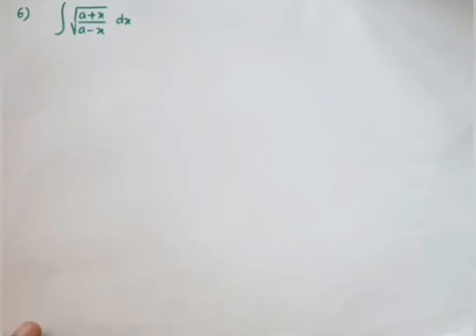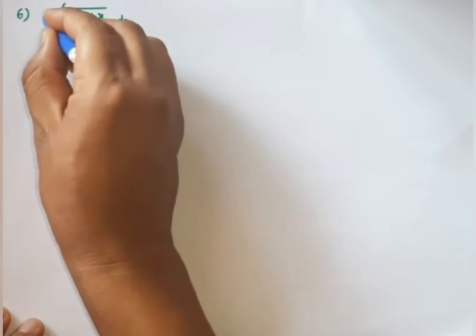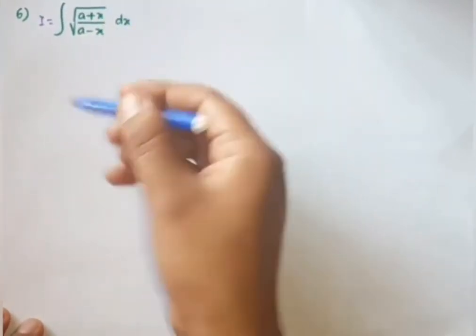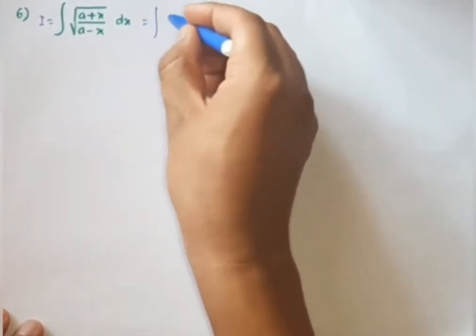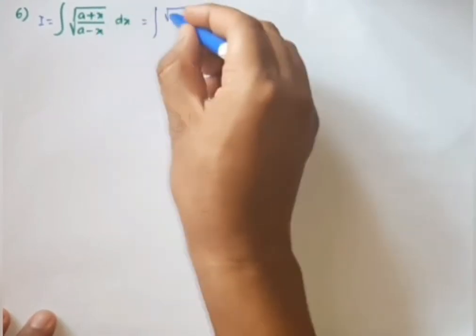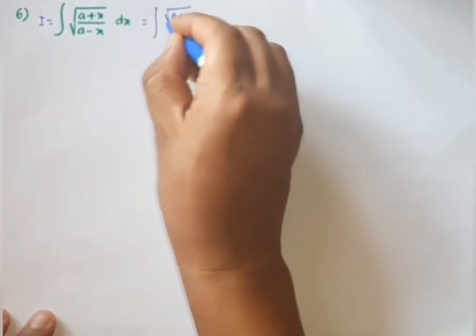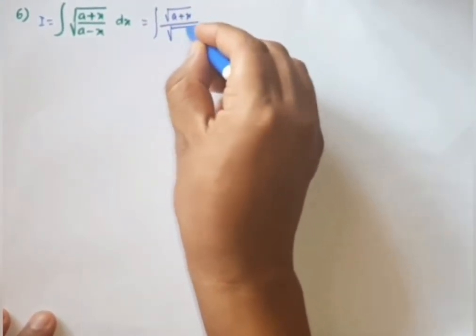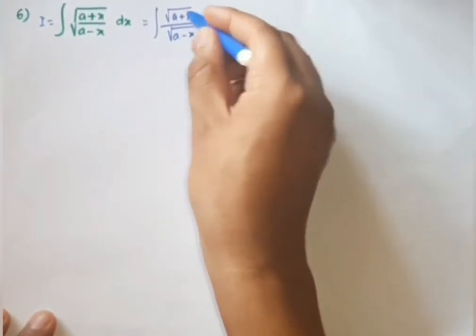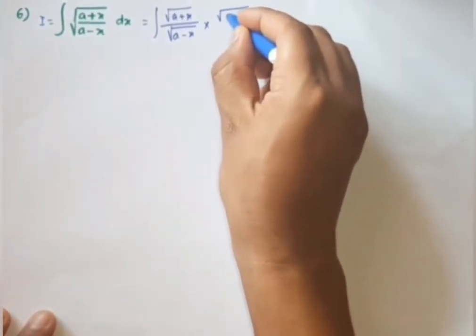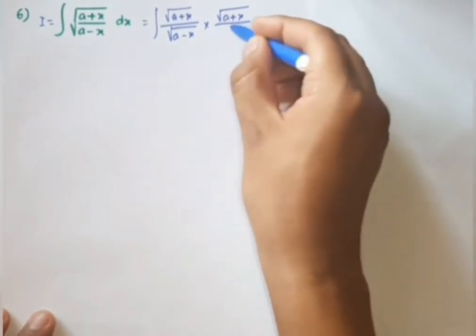Okay, dear students, let's have a look at the next question. So again, this falls under your type C. As we are familiar with type C kind of problems, let me directly write this to be equal to I, and we'll rationalize the numerator. So let me write this quantity as square root of a plus x by a minus x, and to rationalize the numerator we'll multiply it by the same number.